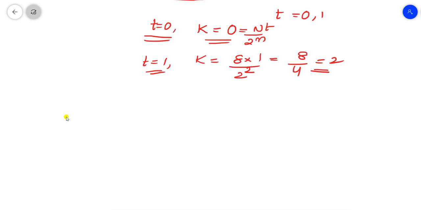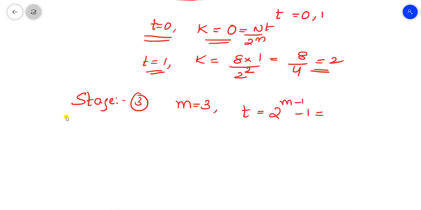Okay, now see stage 3. In stage 3, the m value is equal to 3 and the t value is given by 2 to the power of m minus 1 minus 1. We need to consider up to that value. So here m is equal to 3, so 2 power 3 minus 1 minus 1 is 2 square minus 1, that is equal to 3. So we need to consider up to 3, that means 0, 1, 2, 3.